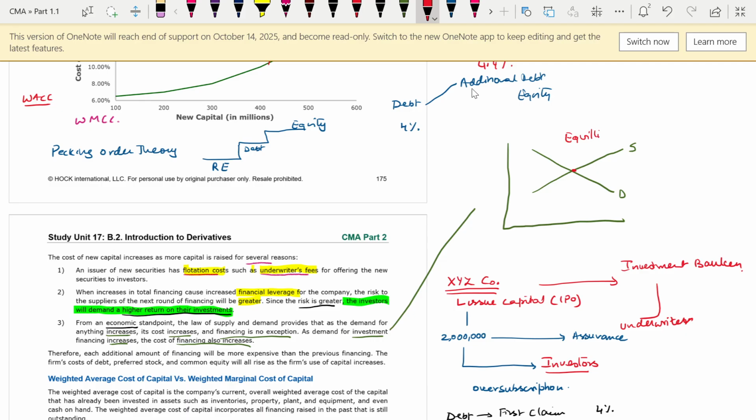Now what will happen? If the demand is increasing, it will become D1. If the demand is decreasing, it will become D minus 1. If the supply is increasing, it is S1. If the supply is decreasing, it is S minus 1.